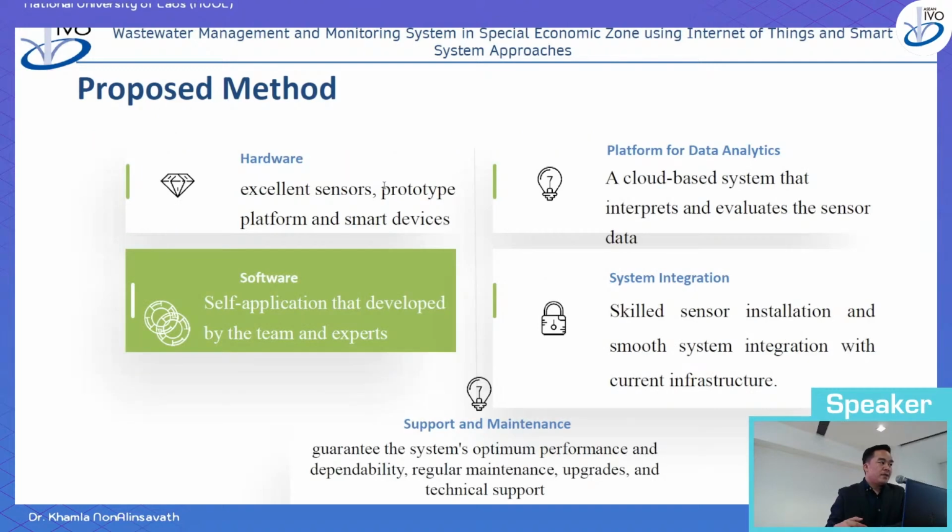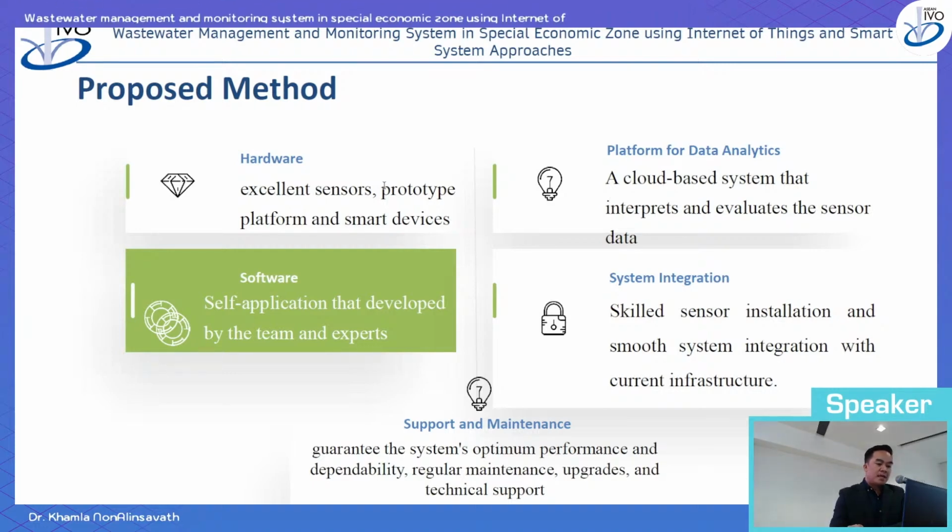We have combined technologies called IoT and smart system, using hardware with excellent sensors, a prototype platform, and smart devices, especially water quality sensors, to monitor environmental parameters, especially water quality, for example pH, dissolved oxygen, ORP and so on.